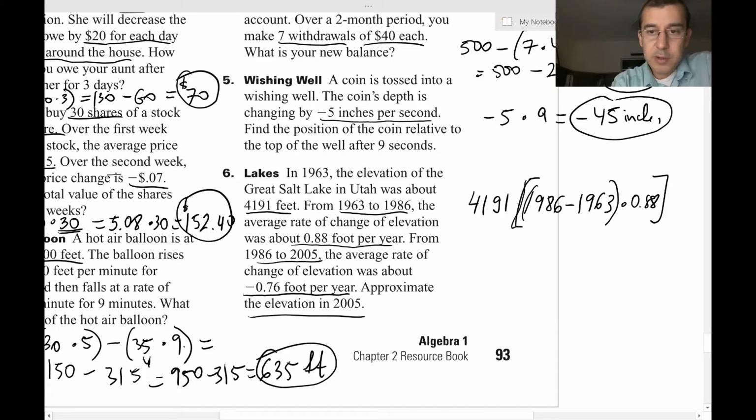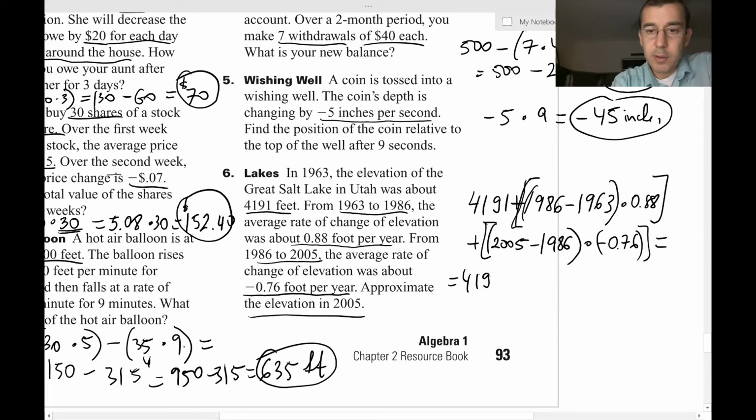And this is plus here. So we're adding that, and then plus from 2005 to 1986, we're multiplying that by negative 0.76, and this is also in brackets, and that would be our answer.